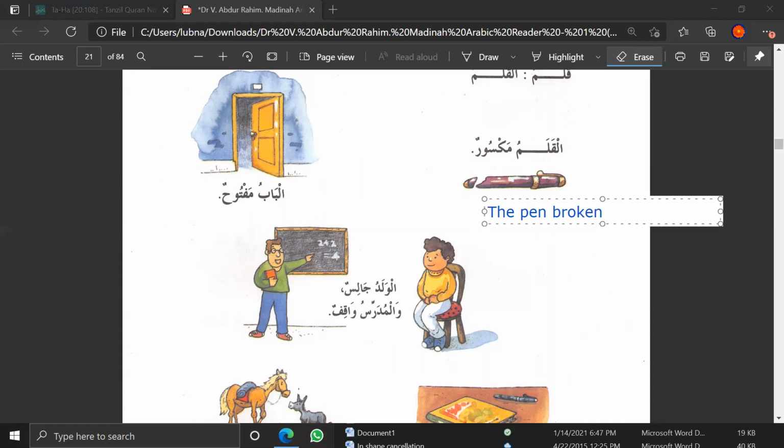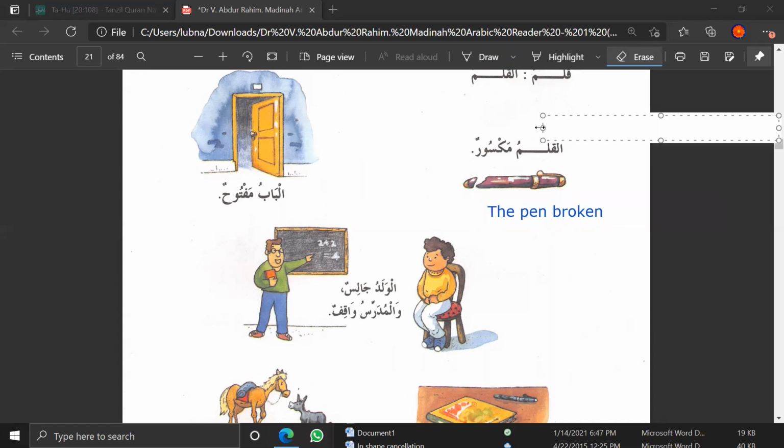Okay. So should I write "is"? Yeah. Why? Because with al, it is a proper noun or definitive noun, and maksurun, because of tanween, is a common noun.